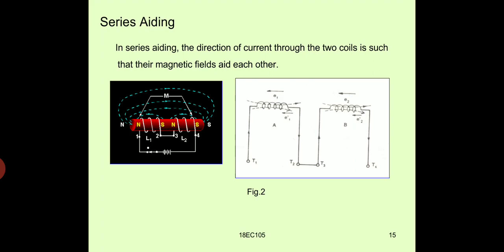The left coil is taken as coil A and the other one is taken as coil B. The voltage induced is E1 for coil A and E2 for coil B. The terminals are named T1, T2 and T3, T4 respectively, as you can see how they are connected.